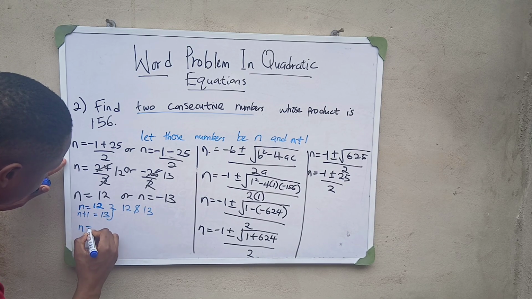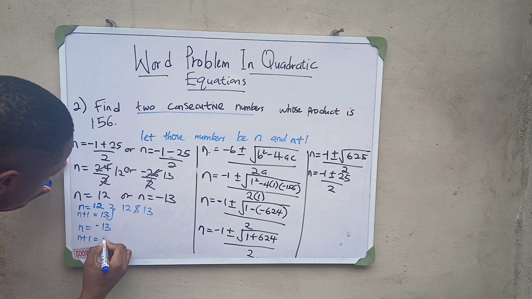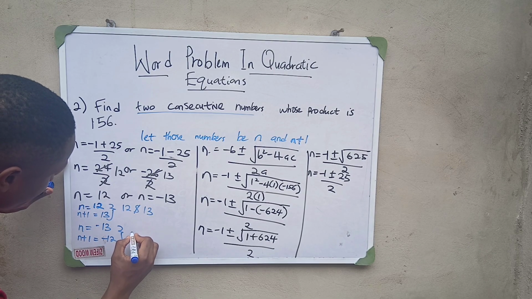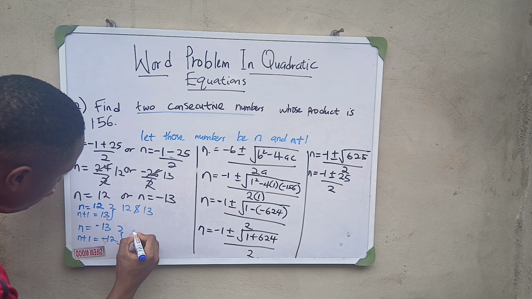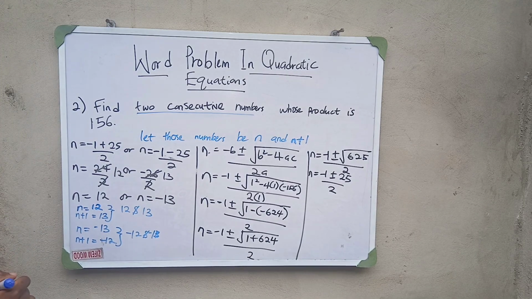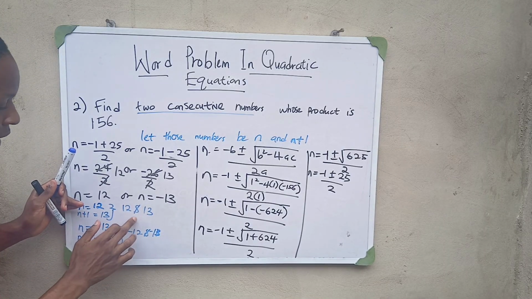And when n is minus 13, our second number is n plus 1, which is minus 12. So when n is minus 13, our two consecutive numbers are minus 13 and minus 12. So those are the numbers. It's either this or this.